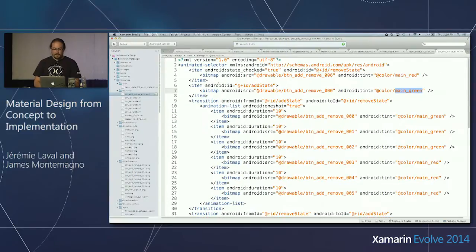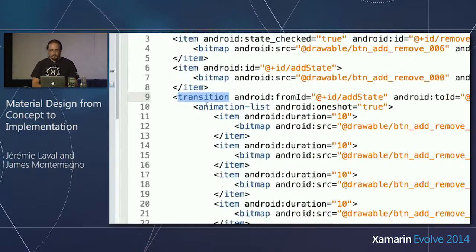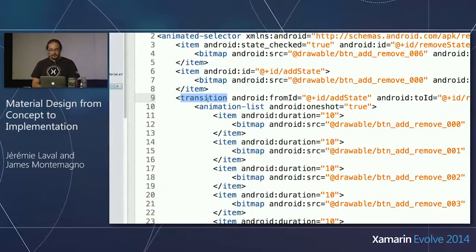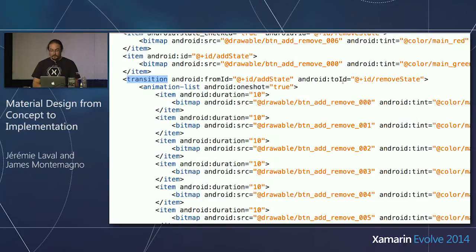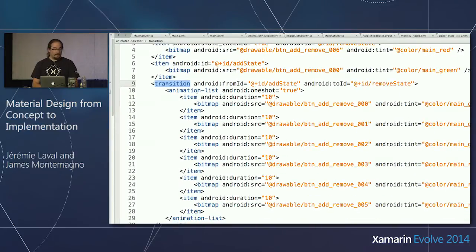Also notice a new thing, because you didn't do that before: now you can add an ID, so put a reference onto a specific state so that you can reference it later. The reason for that is that there is now this new element called a transition. By doing a transition like that, you can specify a starting point, like you would do in a normal animation, and then a destination point. In between, you're going to have an animation list.